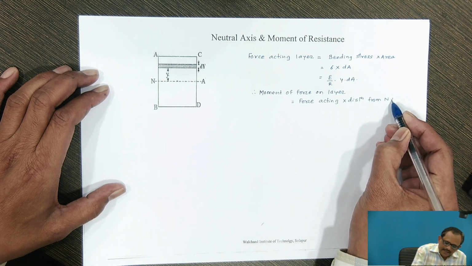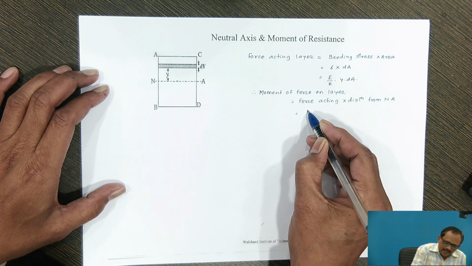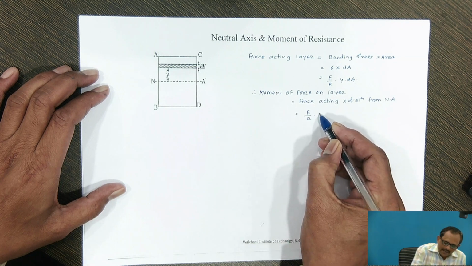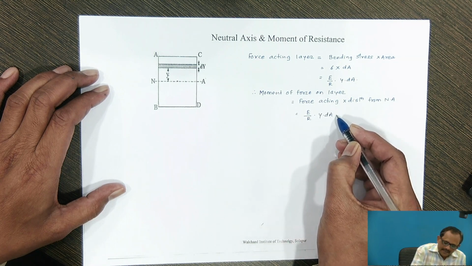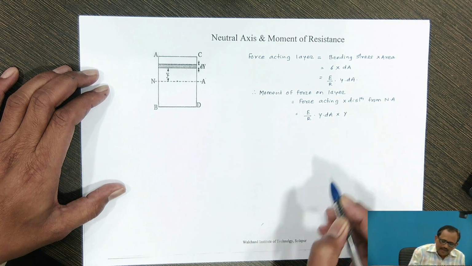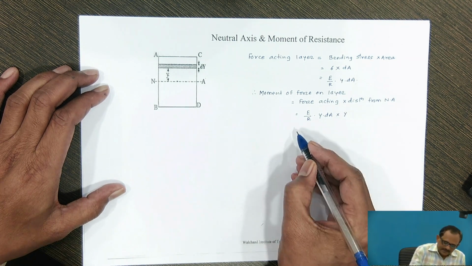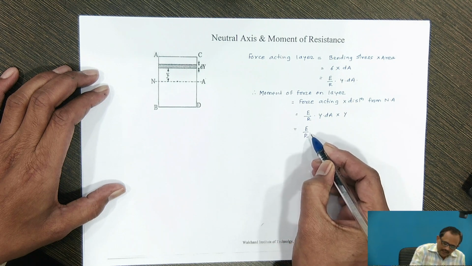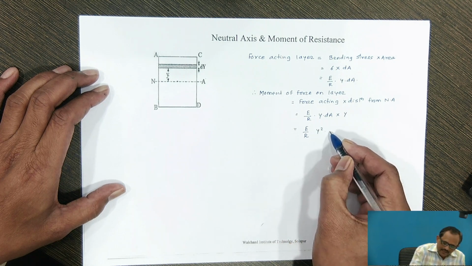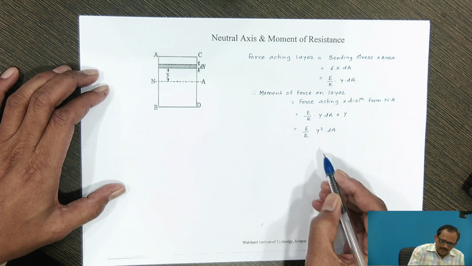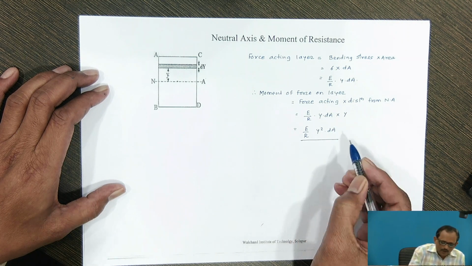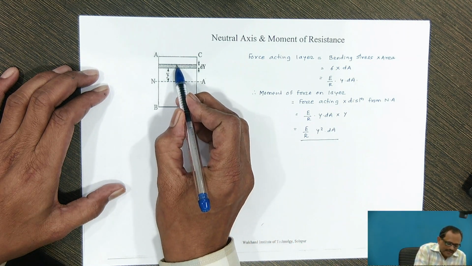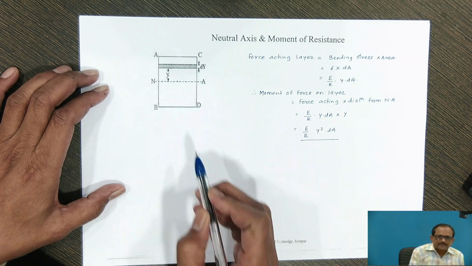So the force acting on the layer is given by E upon R y dA, and the distance of that layer is y from the neutral axis. Therefore this equation can be solved as E upon R y square into dA. Now this is the moment of force acting on this particular layer.